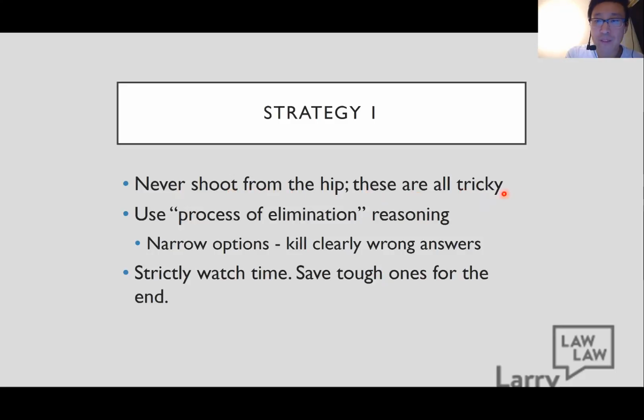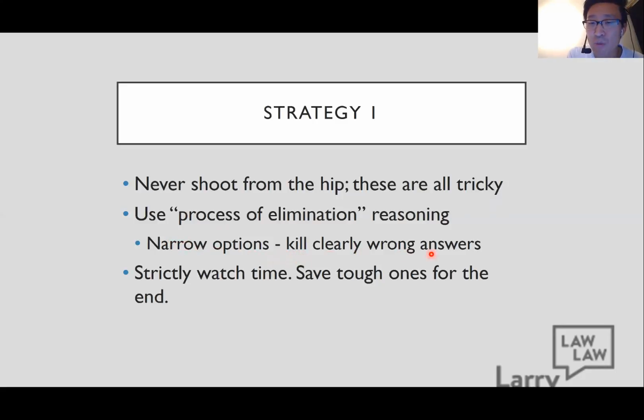So put a Post-it on your exam next to you saying, be systematic, work through the exam, look at every answer. Now, it is a multiple choice exam, so there are some strategies you can use. You can use process of elimination reasoning to get to better answers and to work through the problem fast. So narrow your options.